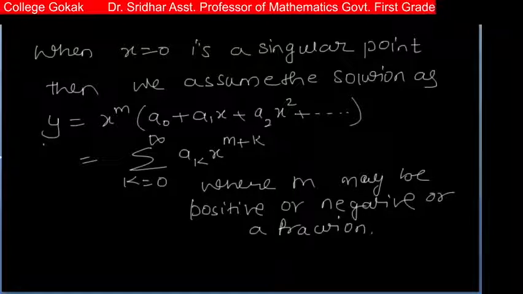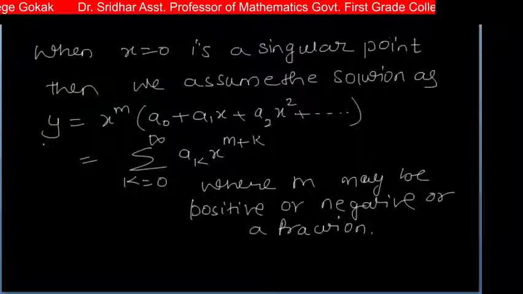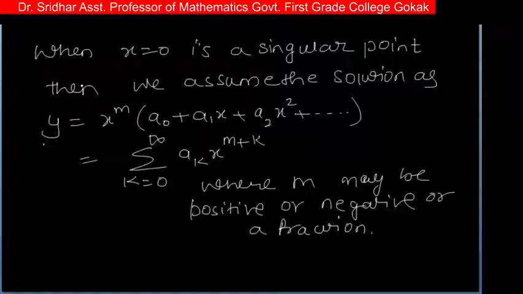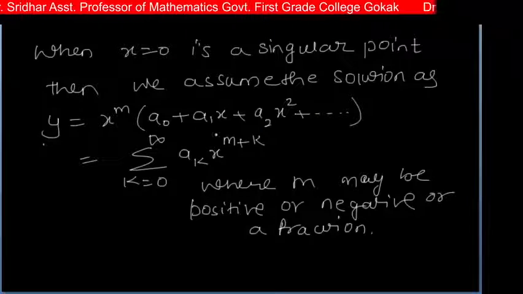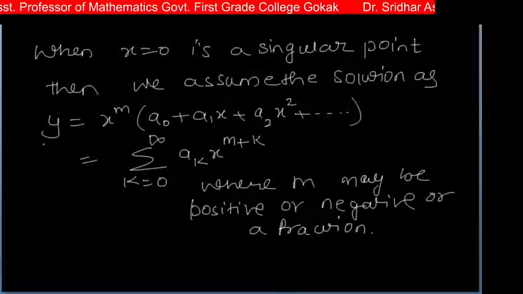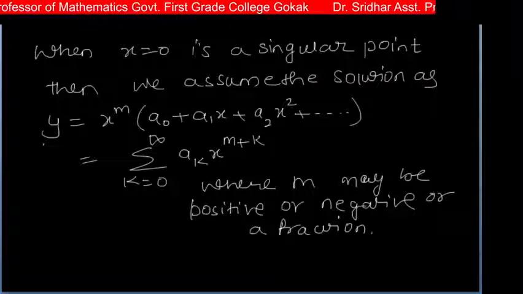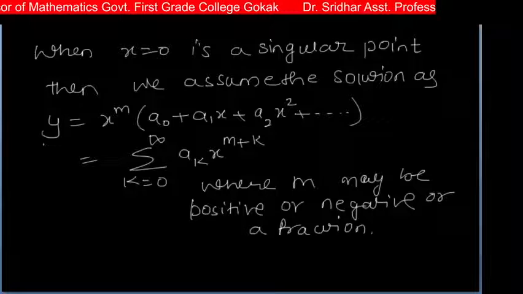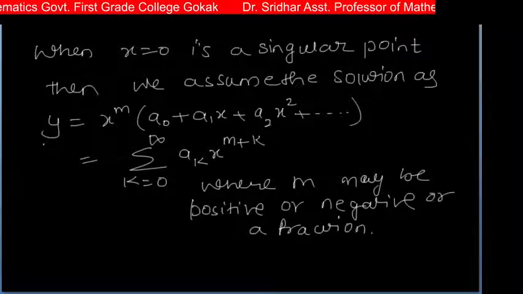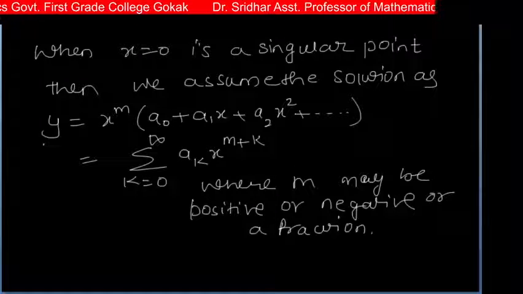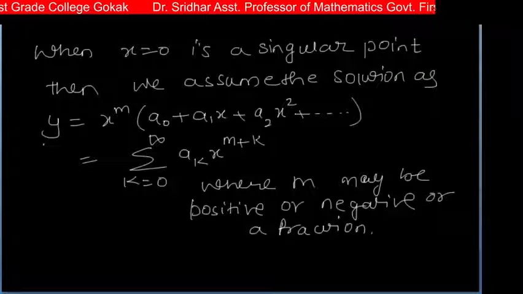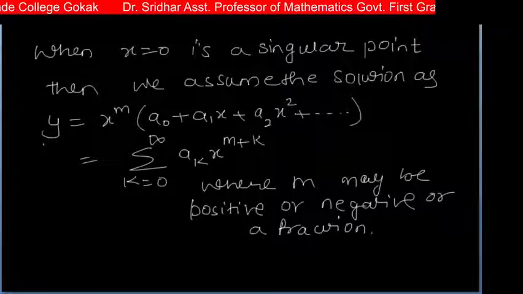Then find all the constants a0, a1, a2 and so on. Substituting them in the solution, we get the required solution of the given problem. This is about the solution when x equal to 0 is a regular singular point or singular point. Now we see some problems on this.